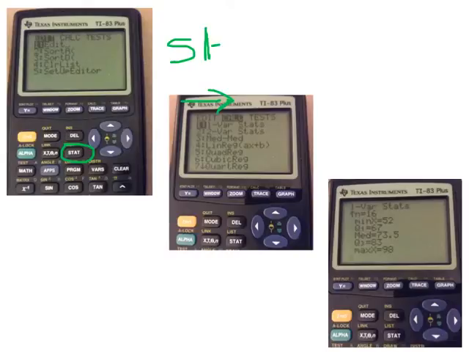Sorry, my iPad seems to be running a little slow right now. Now you're going to right arrow over to where it says calc. And then you're going to hit 1, where it says 1 VAR stat.